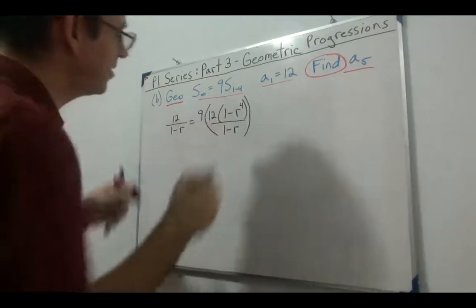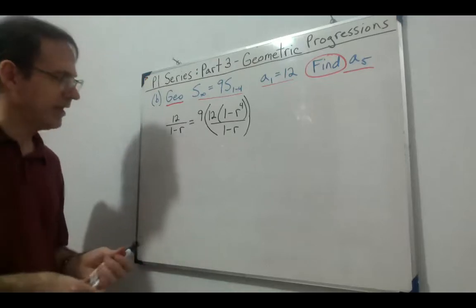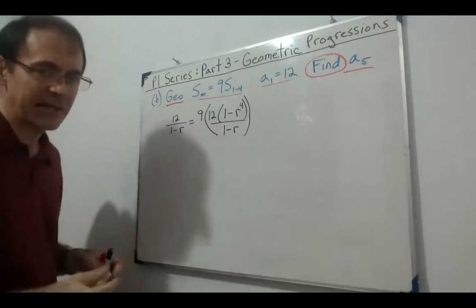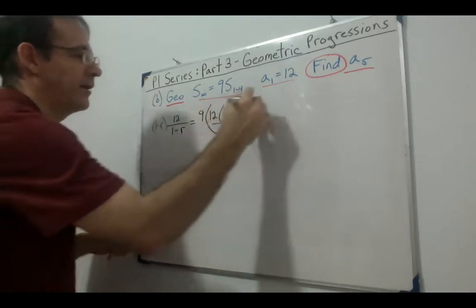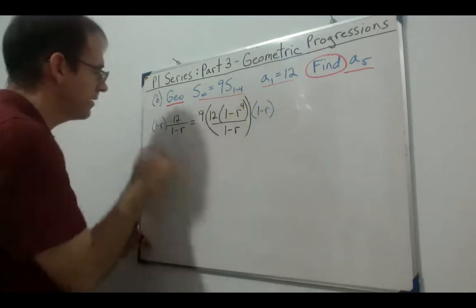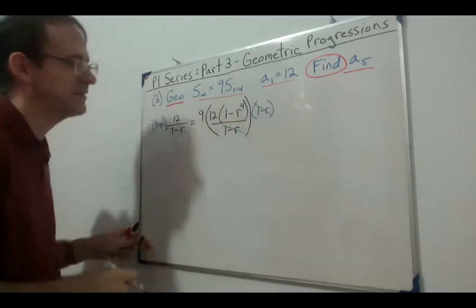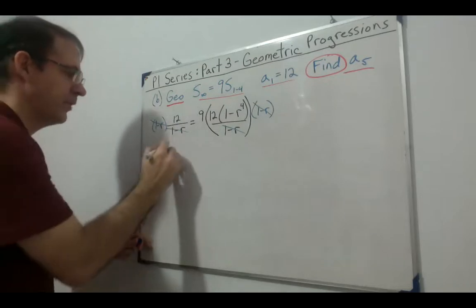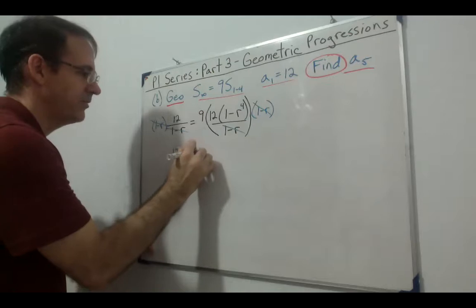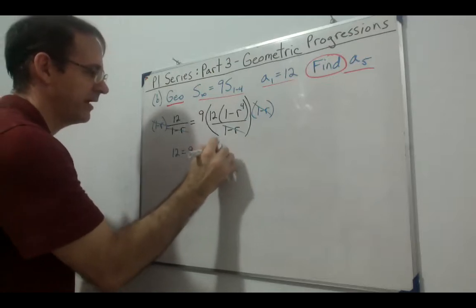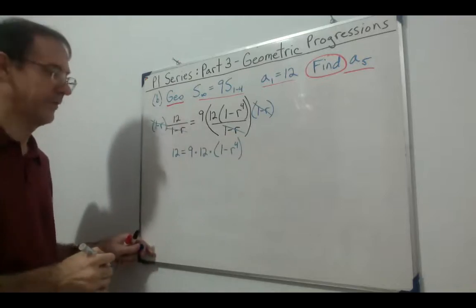Okay, so this looks a little complicated, but if you just take your time and remember that we want to get rid of fractions first, so if we multiply by 1 minus R to both sides, that will cancel out our fractions. So no more fractions here. So now we have 12 equals 9 times 12 times 1 minus R to the 4th power.